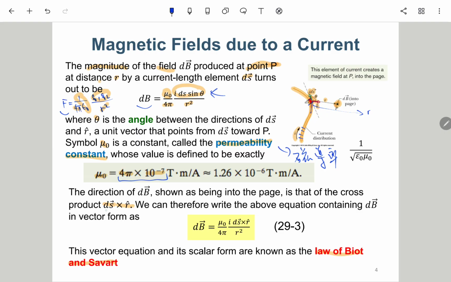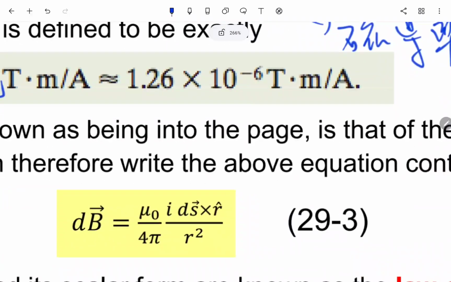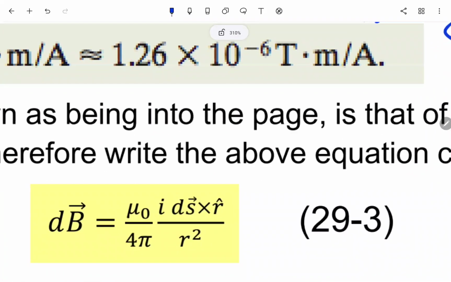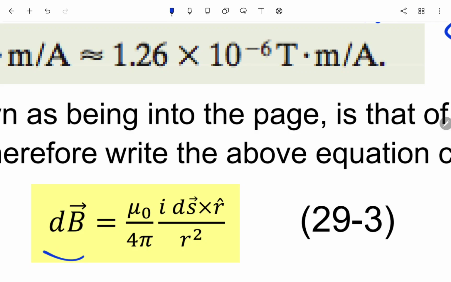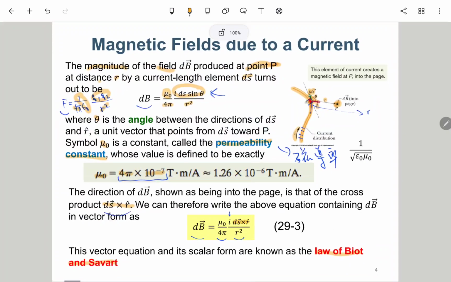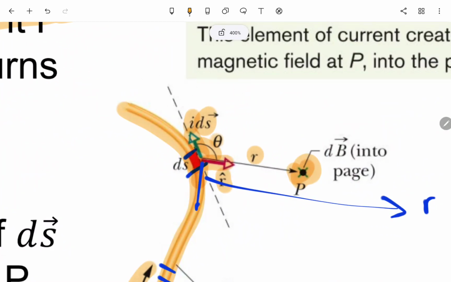So if we write it in vector form, the left side is dB, the B field, and then the constant mu naught over 4 pi, over r square, with I a scalar, and this cross product, ds cross r hat.